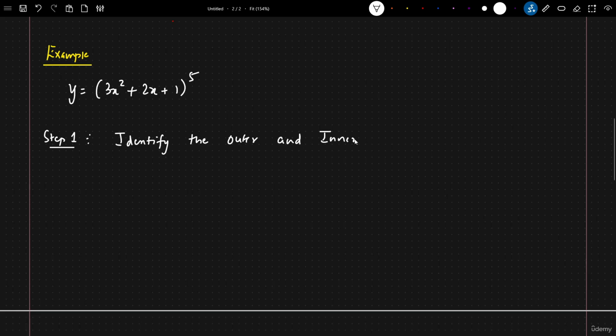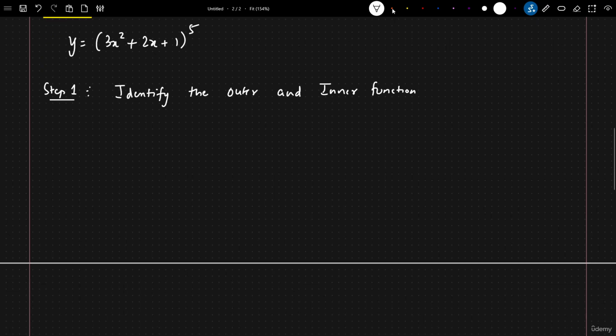Now, you know what is the outer function, what is the inner function? See, over here, the inner function is nothing but this 3x square plus 2x plus 1. Outer function is to the power of 5. So, if I replace this entire thing by, let's say, u, right? So, u to the power of 5 is my outer function, right?